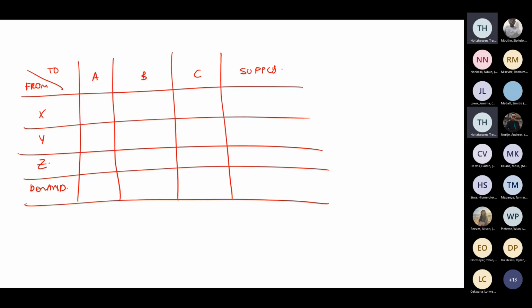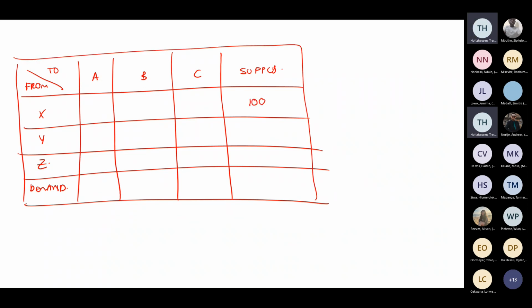Pretty badly drawn table, but I think you get the point. We have the 100, 300, 300, 700, and 700. 300, 200, and 200. 5, 4, 3, 8, 4, 3, 9, 7, 5.